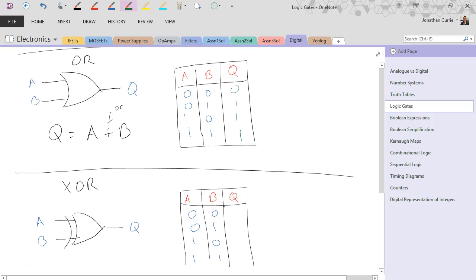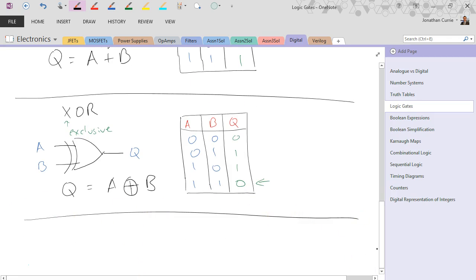Right, and what the XOR says, this X stands for exclusive. Exclusively OR. So if A or B, but not both, that's the exclusive part. Here's the both, so that one comes to 0. So just watch out. That's the row that changes between the XOR and the OR gate. Right, and that uses a special symbol, a plus inside a circle, to represent the exclusive OR operation.